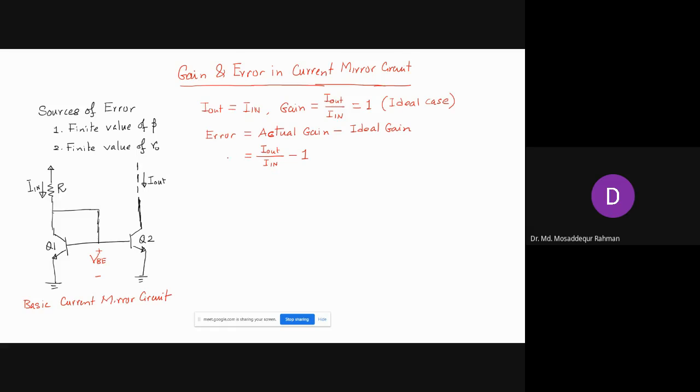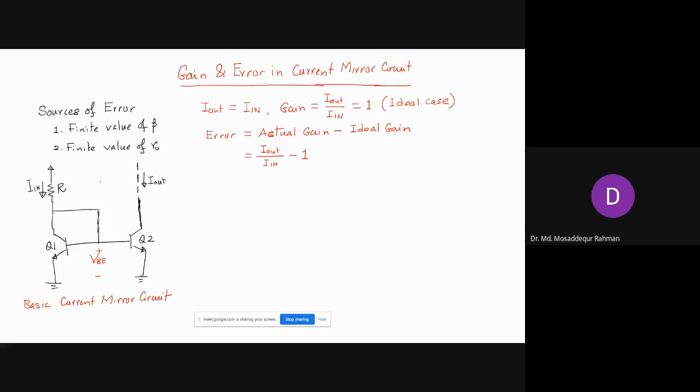So that is defined as the error, right? So these two parameters are used to evaluate the performance, right? The less the error, the better the performance level of the current mirror circuit.